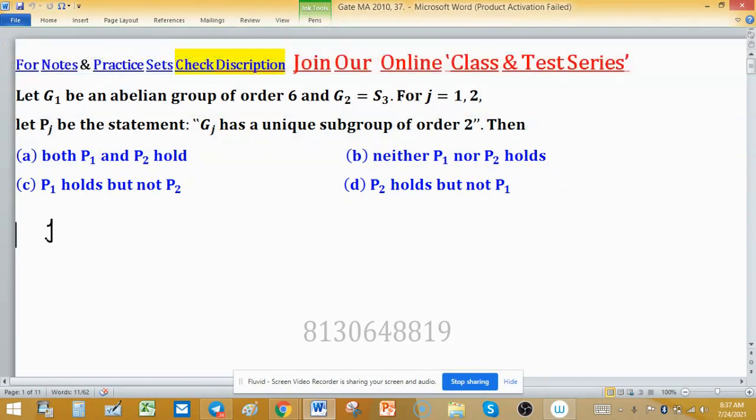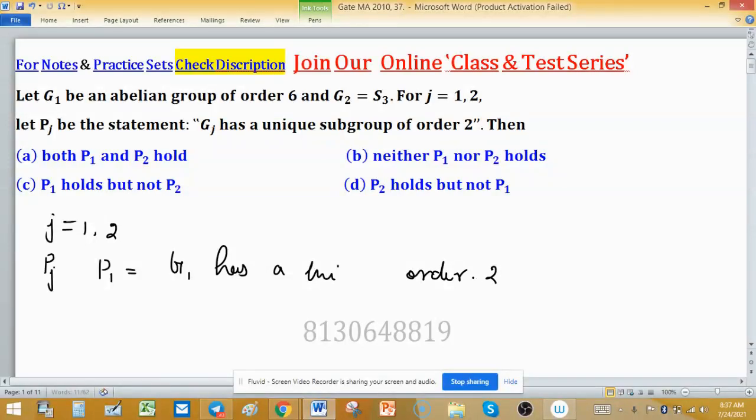The value of j is 1 and 2, so P1 is the statement that G1 has a unique subgroup of order 2, and similarly P2 is the statement that G2 has a unique subgroup of order 2.